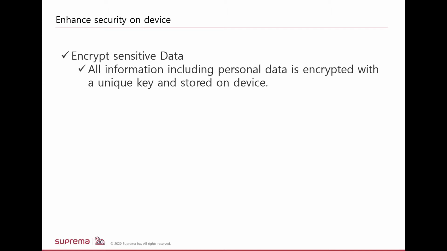So when someone tries to take off the device, tries to penetrate through the device itself, those were still protected, but still, when we expand the concept of personal data, some information were not encrypted.